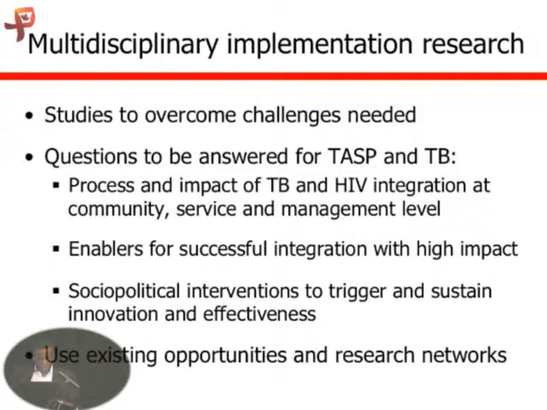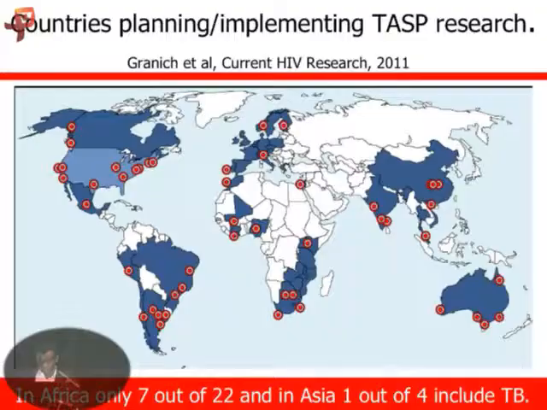We should know the enablers for successful integration, and we should have socio-political interventions, just like what we heard, the qualitative research this morning from Kenya. Discordant couples, which you think could happily accept TasP. There are quite a lot of issues that have to be looked into from a much more multidisciplinary, socio-political aspect.